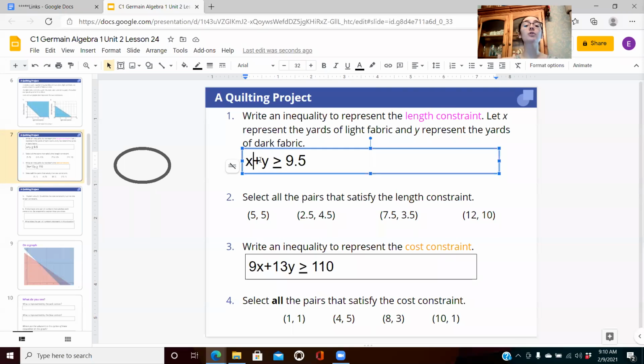like each axis when you go to graph it, right? Every single time your light is going to be your x-axis, your dark is going to be your y-axis. So just make sure that you're consistent with the axes if you use letters other than x and y. And even if you do use the letters x and y, just make sure that you say x is always going to represent the light fabric and y is always going to represent the dark fabric.